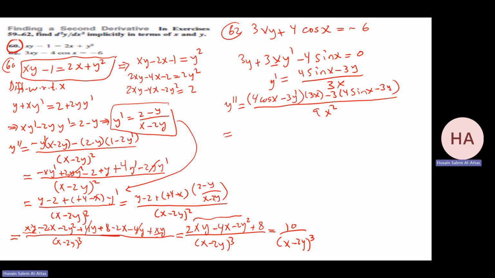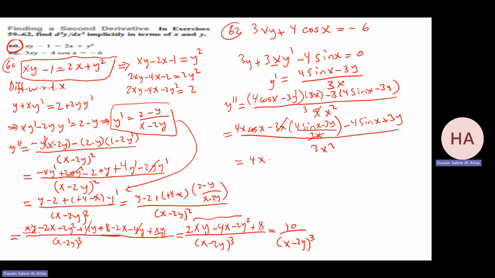So do the calculation. You can cancel 3 with 3 with 3. That will make it easier. So I have 4x cosine x minus 3x times y prime, which is 4 sine x minus 3y over 3x, minus 4 sine x plus 3y, all over 3x squared. This is cancelled.